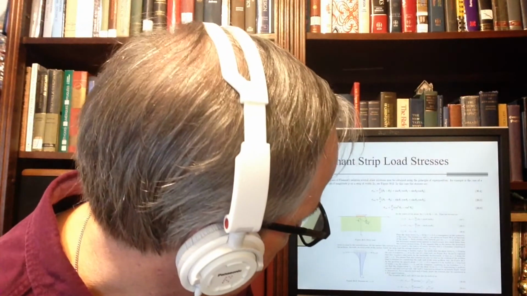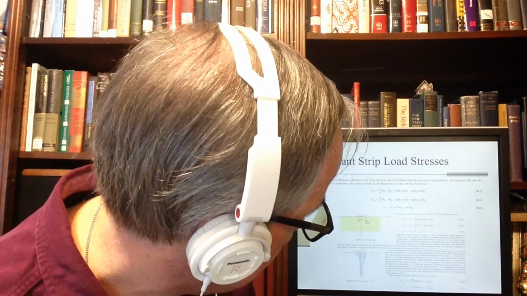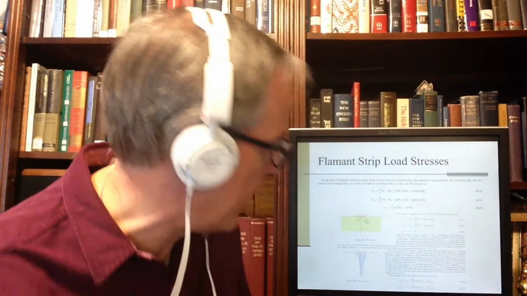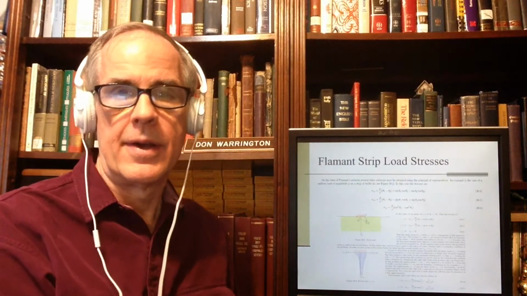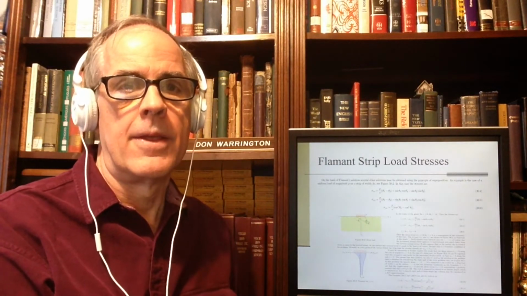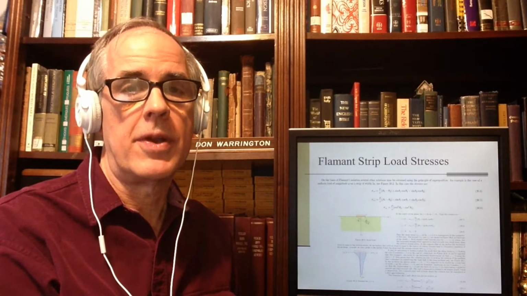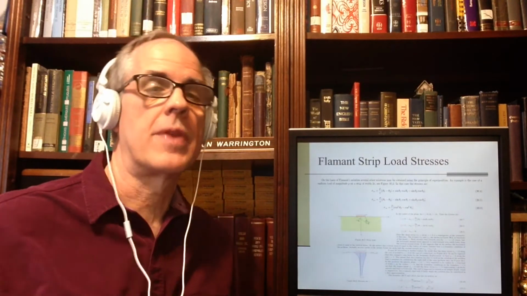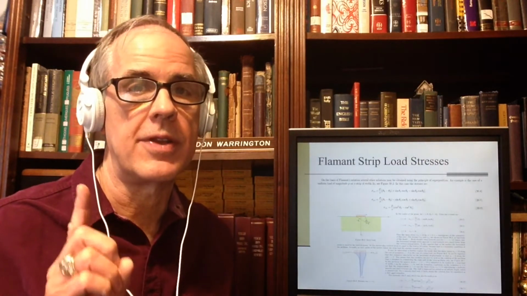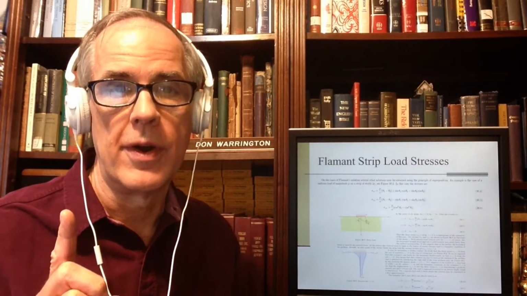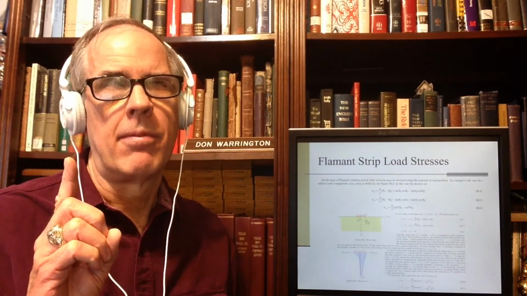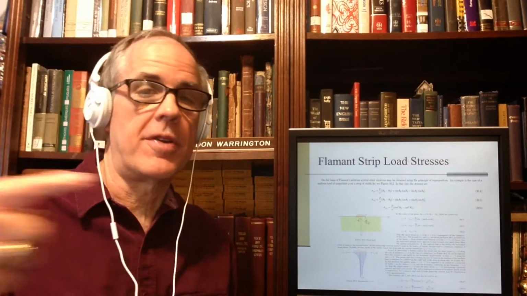Down here at the bottom, he's got a little bit different way of writing these things. One of the things I want to note is that not only does he give you the equations for the vertical loads, but also the horizontal ones.